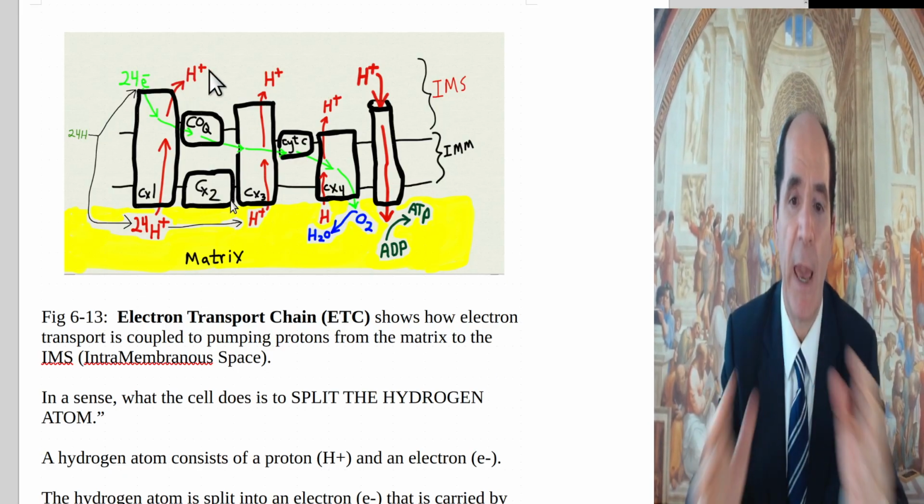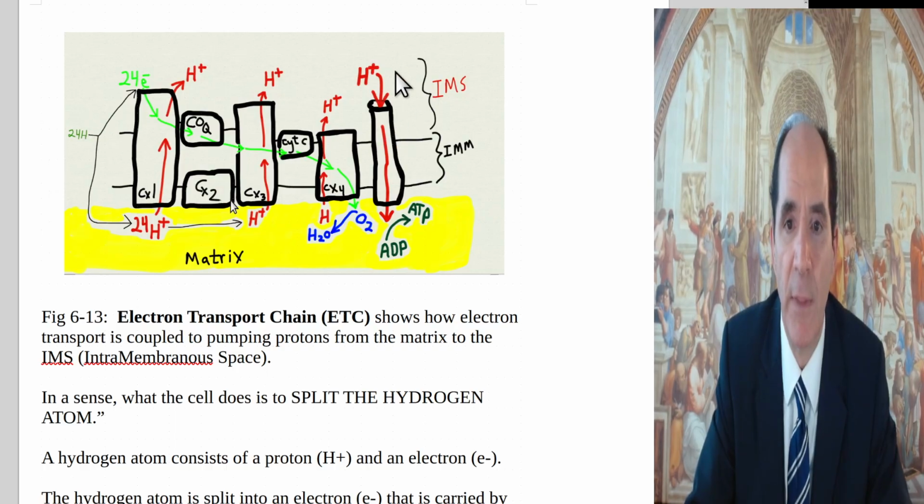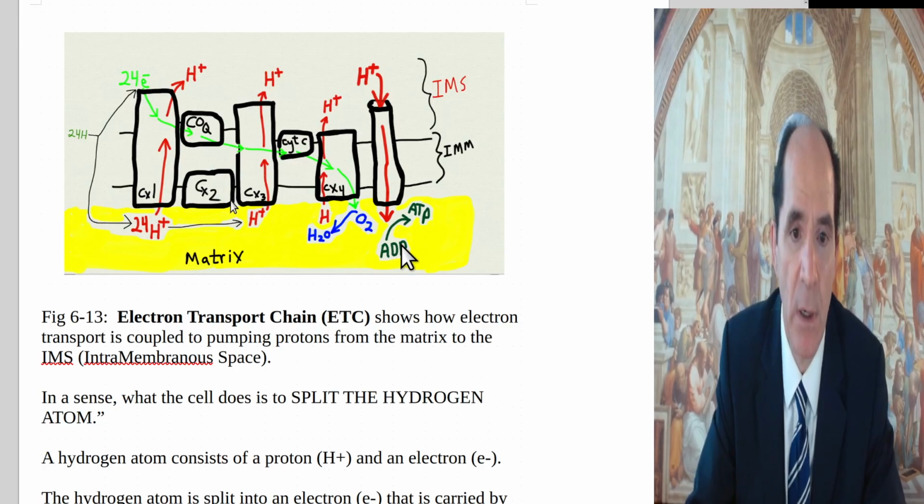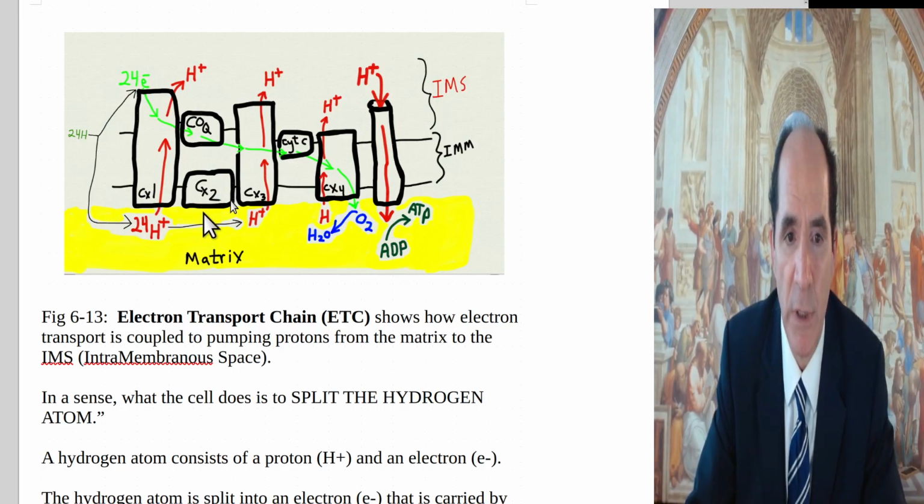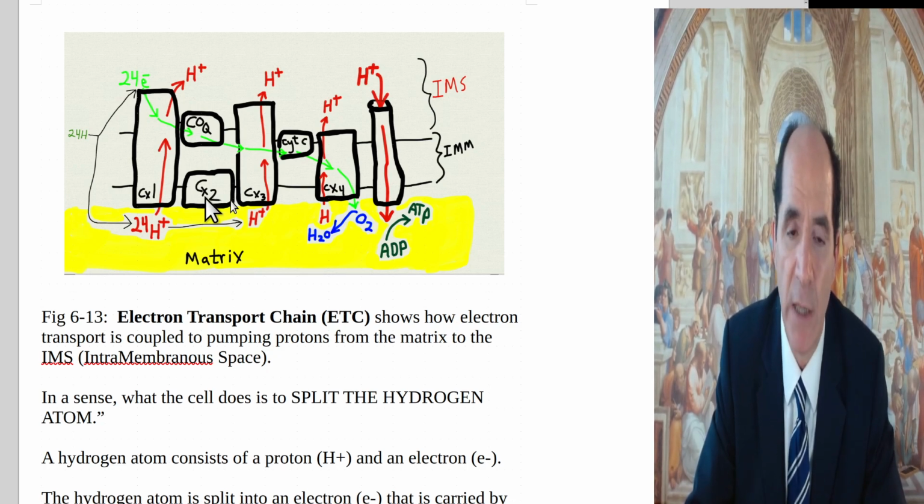Basically, it has split the atom. It's a nuclear power plant, and then it harvests the gradient of protons by letting them come back in to make ATP. By the way, there's something interesting and unique about complex 2. Complex 2 is the enzyme succinate dehydrogenase, and if this isn't running or it's inhibited, then you start to accumulate its substrate, succinate.